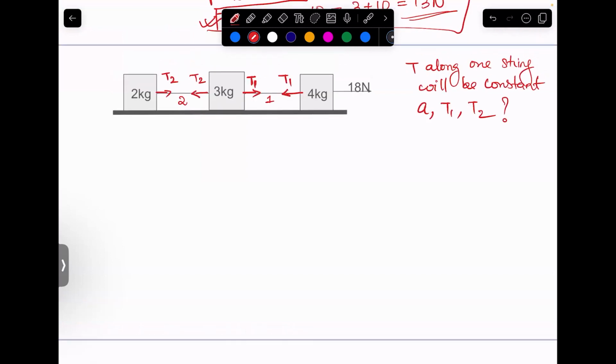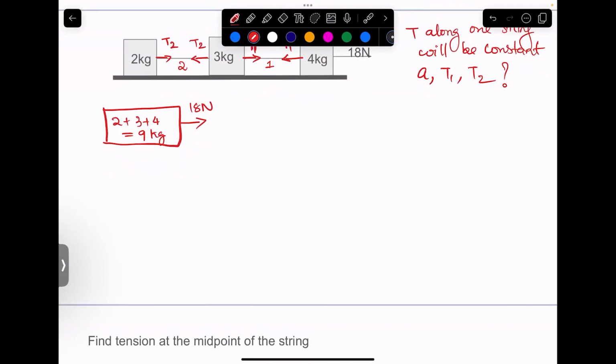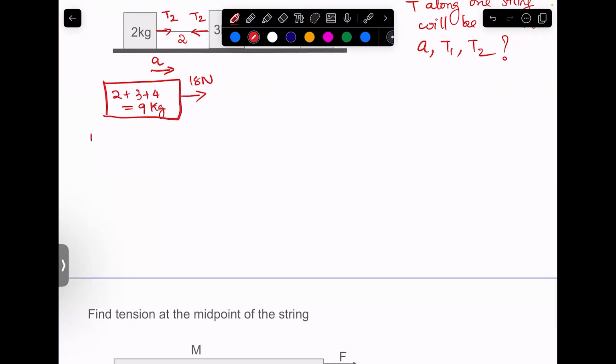Now, as usual, for finding acceleration, what do you have to do? You have to treat the whole thing as a single system, like 2 plus 3 plus 4, which is equal to 9 kg. So 9 kg mass is there, and there is this 18 Newton force pulling it, so the block moves with an acceleration of A. Net force is equal to mass times acceleration.